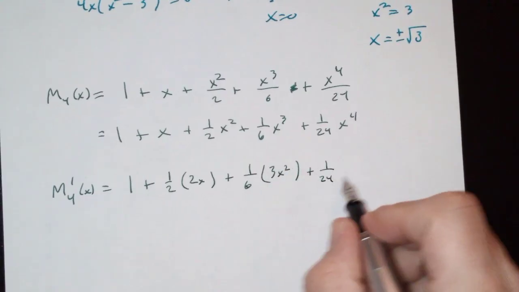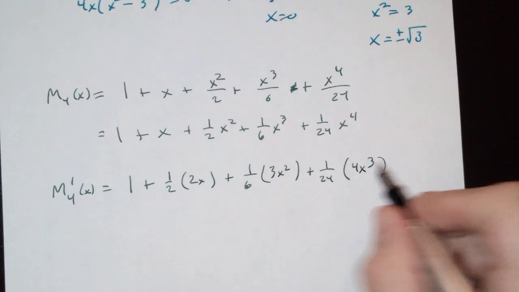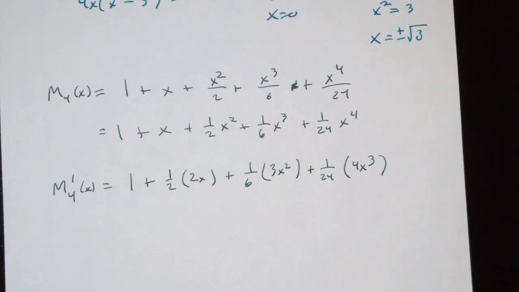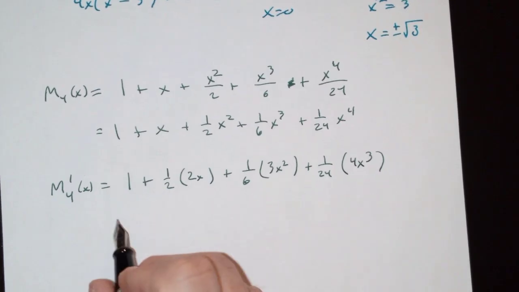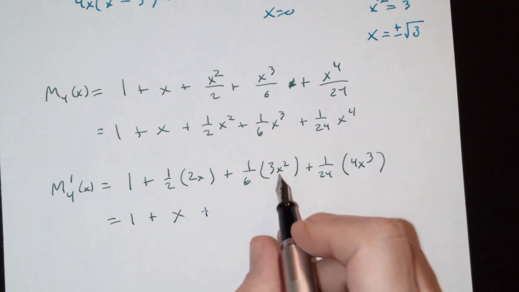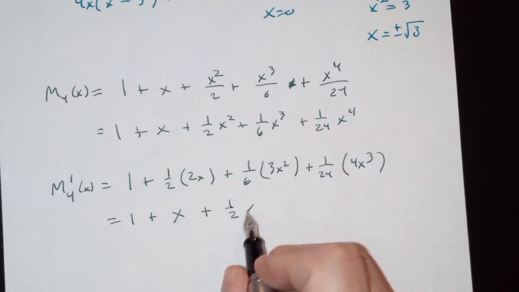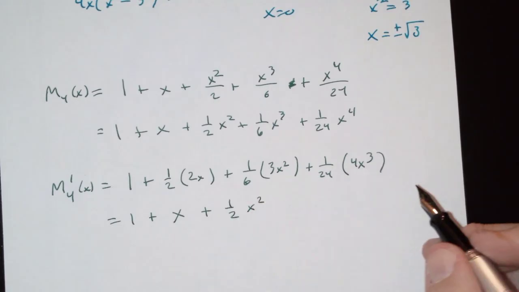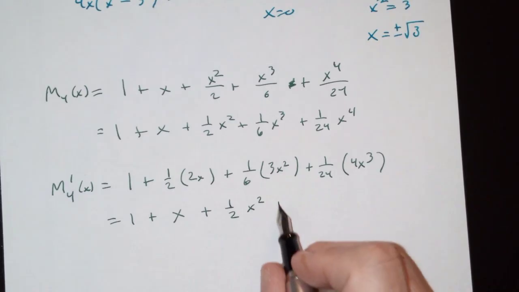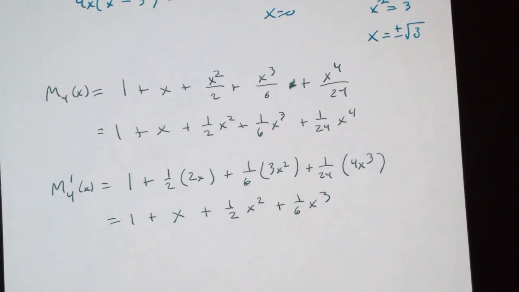Leave the 1/24. Now, if you want, you can simplify the numbers because 1/2 times 2 is just 1. 3 over 6. Four over 24. Hey, look at that. Those are really, really close to the same, aren't they?